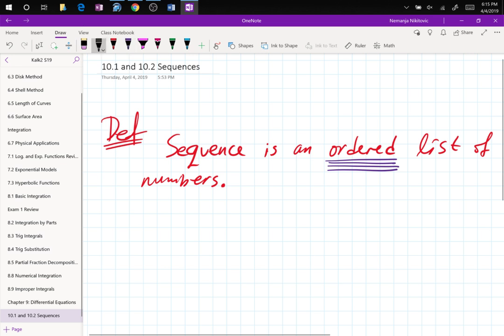You cannot walk up and just say 7, 1, 13, 153, and 29 and walk away. That's not ordered in any way, just a bunch of random numbers in a pile. The sequence is going to be ordered in some way through the set of natural counting numbers.